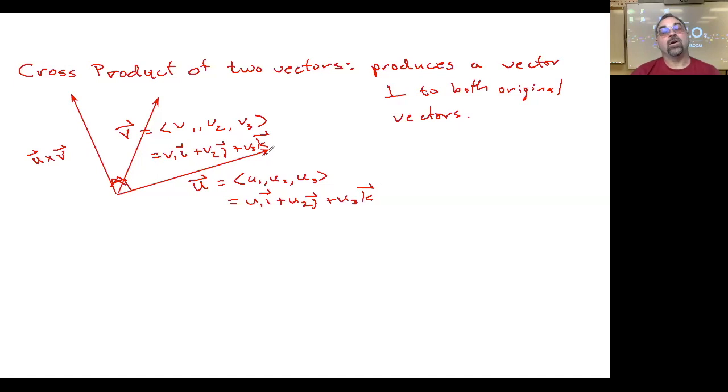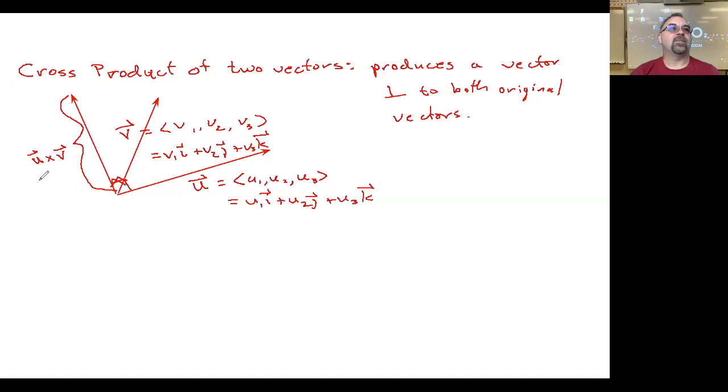And so the cross product that we're going to get is going to be using a 3x3 matrix and the determinant of that 3x3 matrix to come up with the IJK form for this new vector over here that I'm calling u cross v.